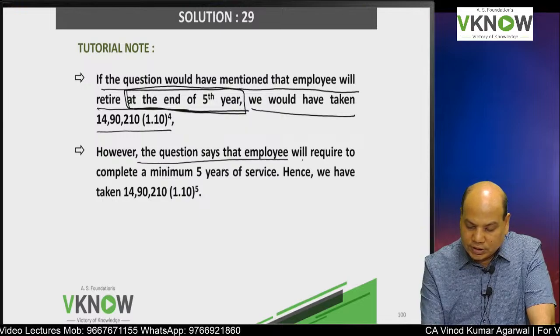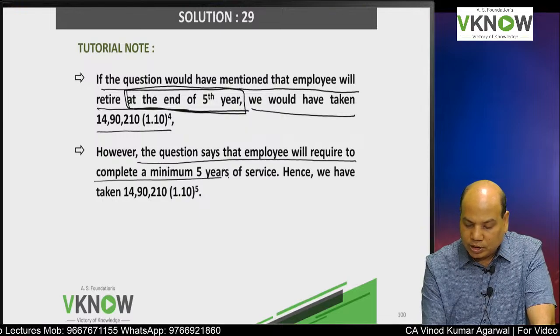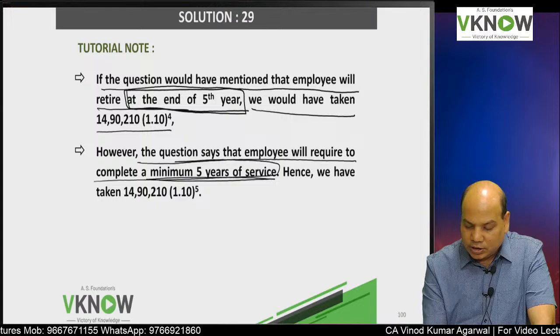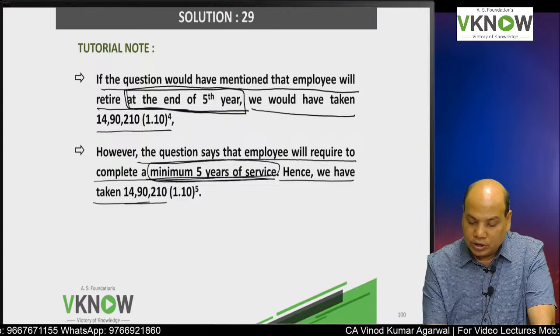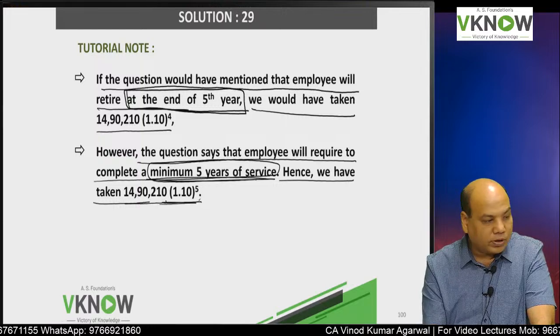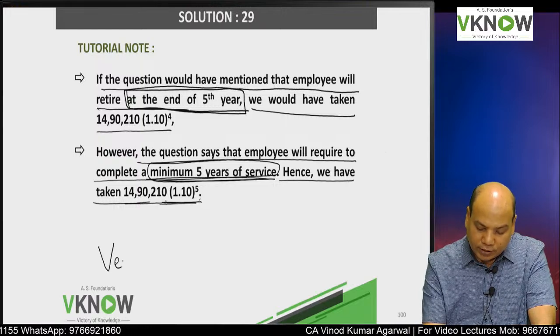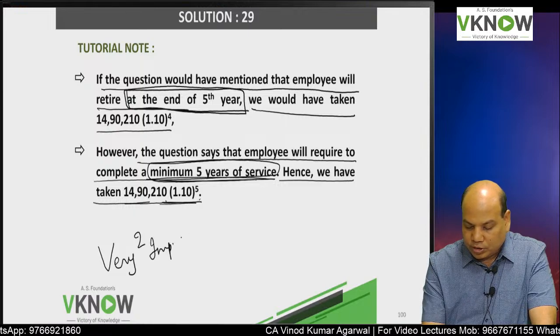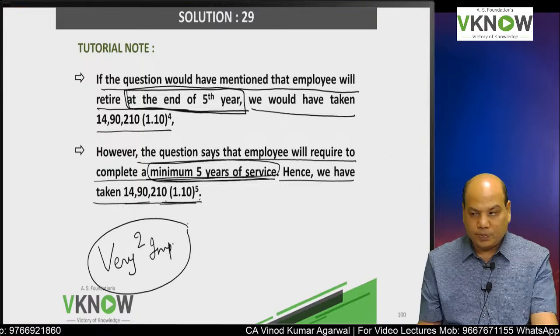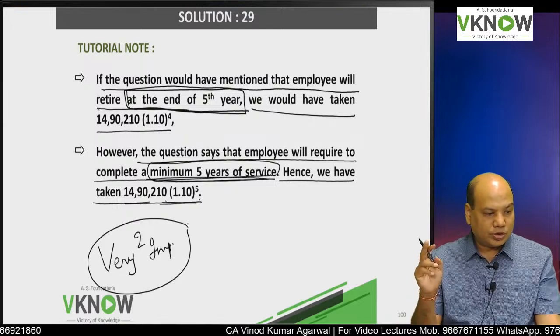However, the question says employee will be required to complete a minimum 5 years of service. Again underline minimum 5 years. In that case, we will take 14,90,210 into 1.10 to the power 5. So this was a very important question for your upcoming exam, and you must do it.